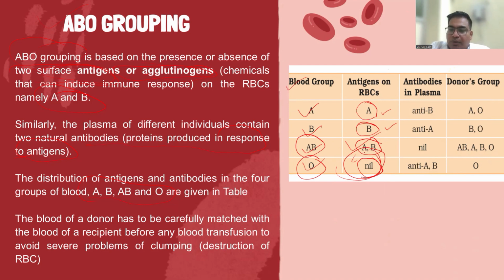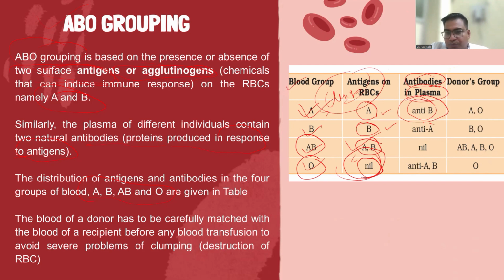Now come to the antibodies which are present in plasma. In case of A blood grouping, the antibody present in plasma will be anti-B, because if the same group of antibody were present, it might lead to clumping or agglutination reaction.